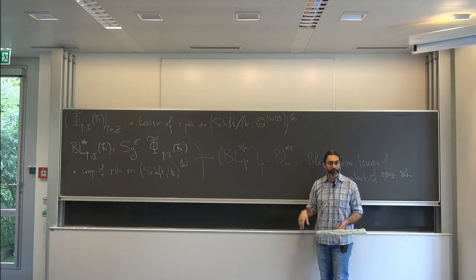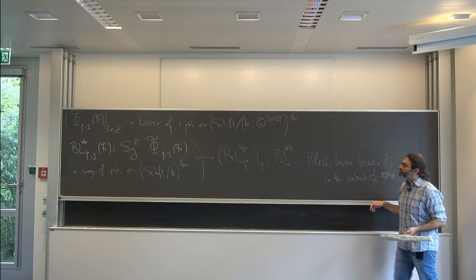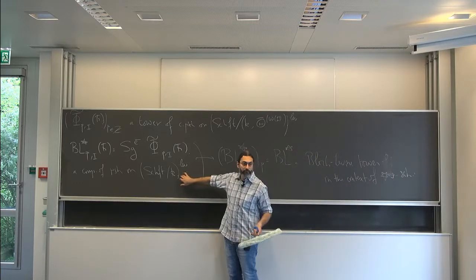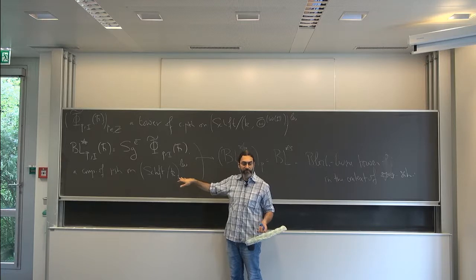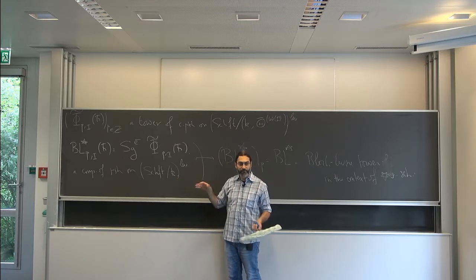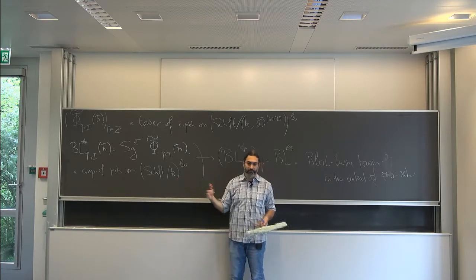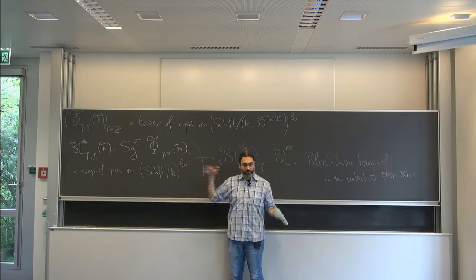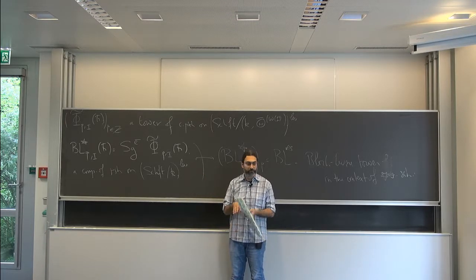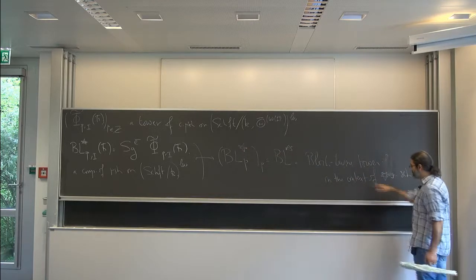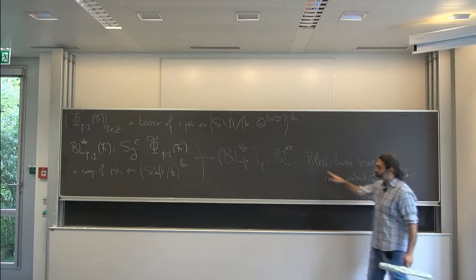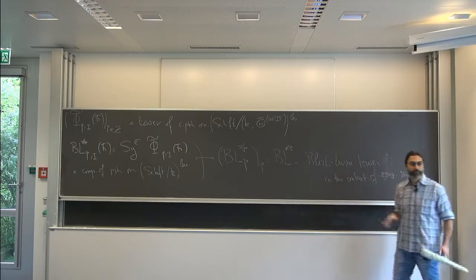But the outcome is a complex of presheaves on this category here, which has level. So there's no star levels. You start with a complex of presheaves on double star schemes, and you end up with a complex of presheaves on schemes which have level. So it's in the context of star schemes, but the outcome is just a complex of presheaves on schemes.